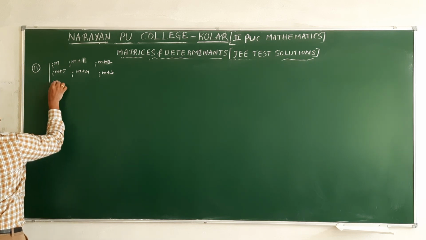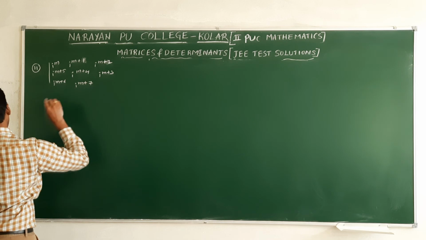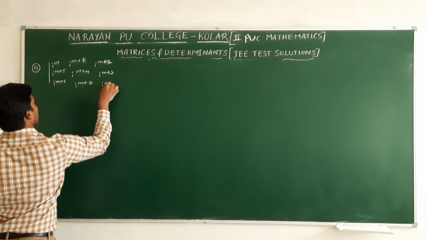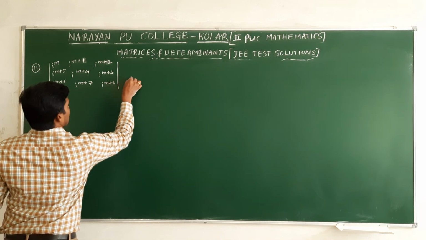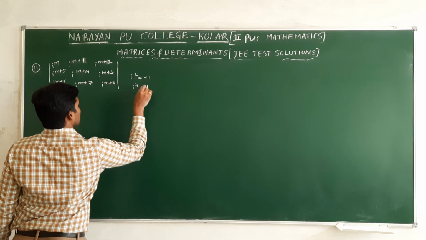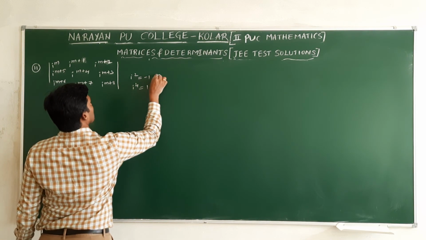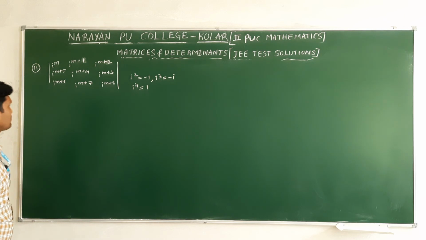Third one, i power m plus 6, i power m plus 7, i power m plus 8. This value we need to find out, where i is the imaginary unit. We know i square is minus 1, i power 4 is 1, i cube is minus i. How? i cube means i square into i.